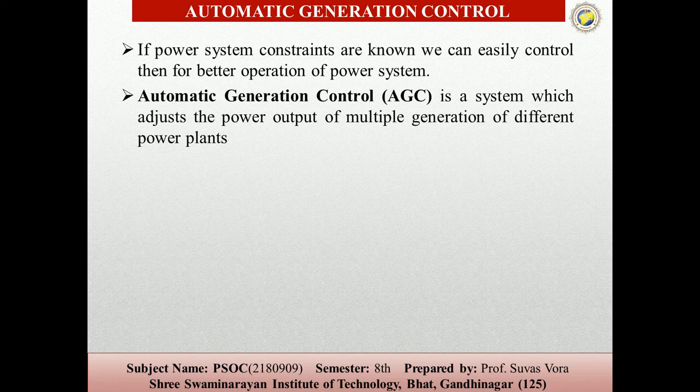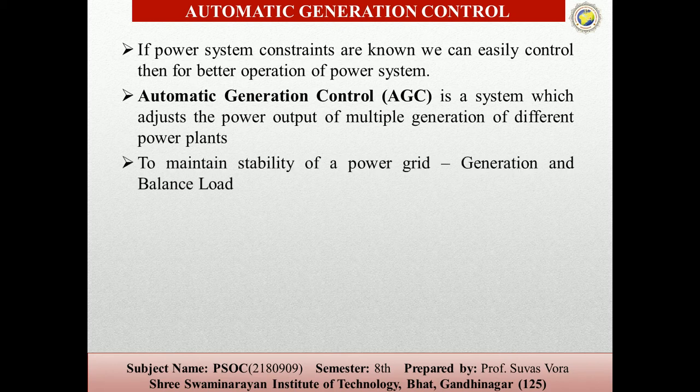So AGC, that is automatic generations control, is a system which adjusts the power output of multiple generations of the different power plants. So mainly the stability of the power grid is generations and the balance load.